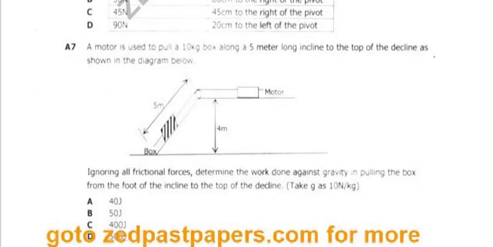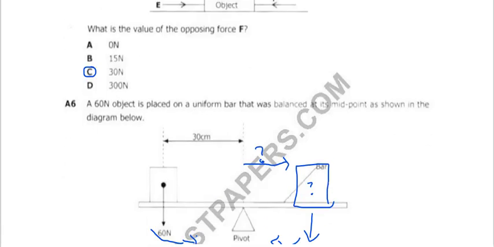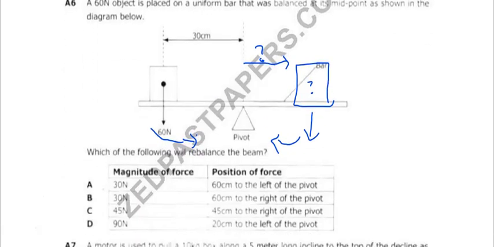If you are preparing for grade 12, then I believe you should be familiar with the principle of moments. A moment is equal to force multiplied by distance. If this bar will be in equilibrium, it means that the clockwise moment should be equal to the anti-clockwise moment.